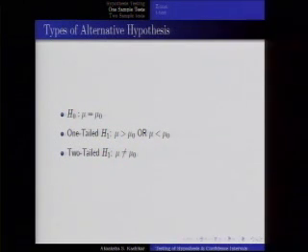Because we know that H1 is the negation of H0, so basically we want to say mu not equal to mu naught, but only in one direction. So we would either say mu is greater than mu naught or mu less than mu naught. And two-tailed is a simple negation, so mu not equal to mu naught. So we have to also decide whether we are interested in a one-tailed H1 or a two-tailed H1.